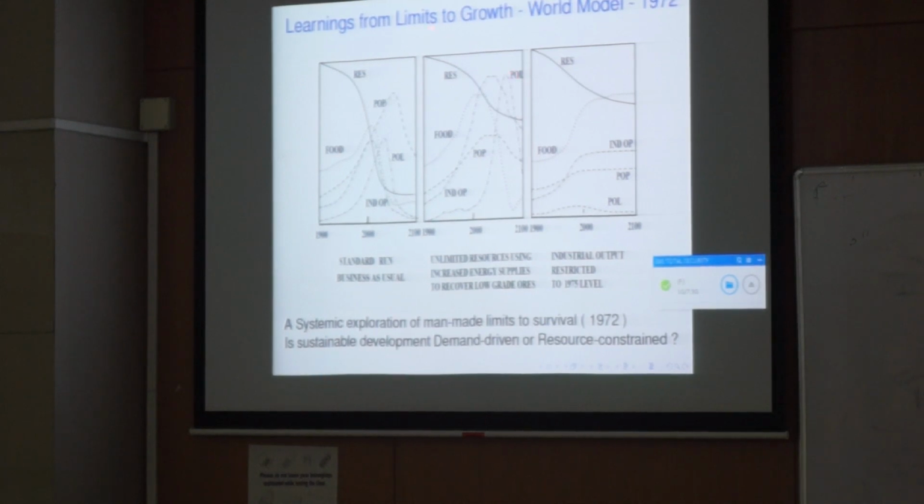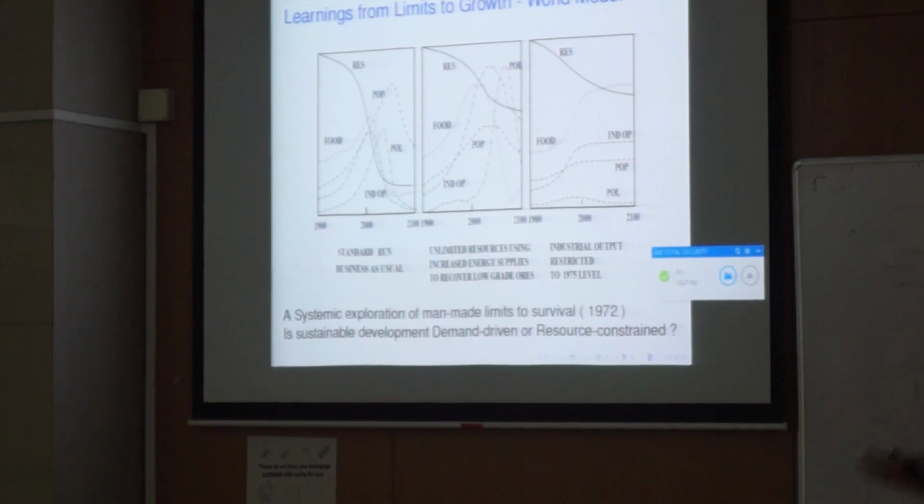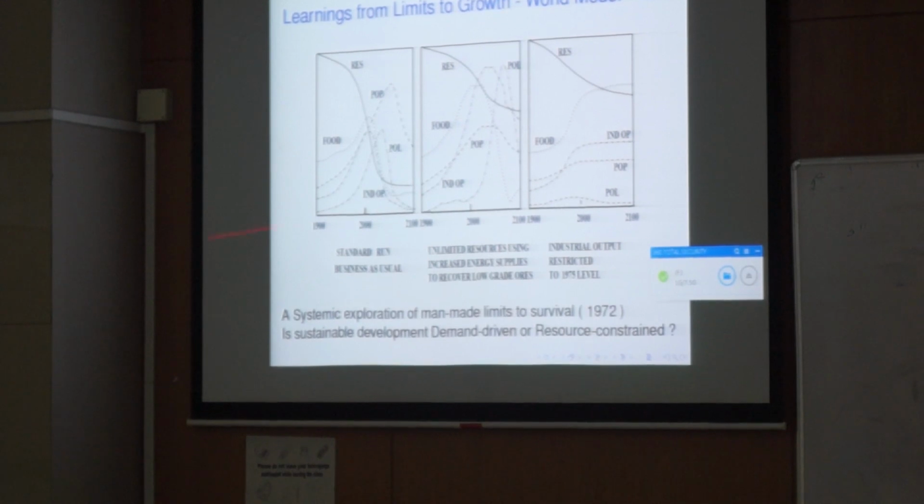If you go way above pollution levels here, because there is such a huge amount of industrial activity, so much fertilizer used and so on and so forth, many people ask why population is going down.